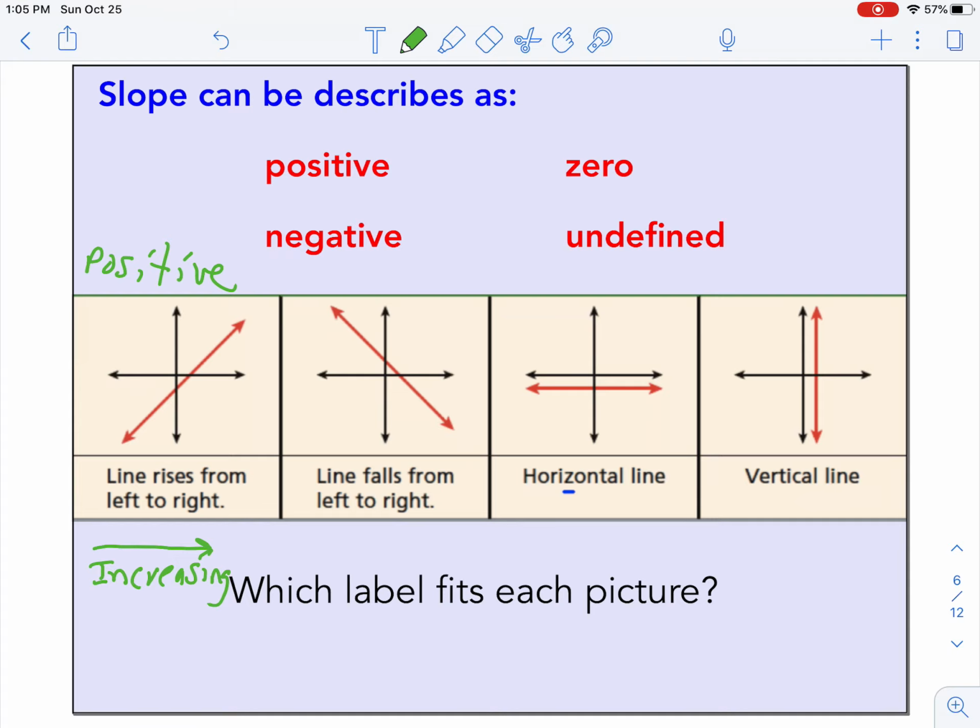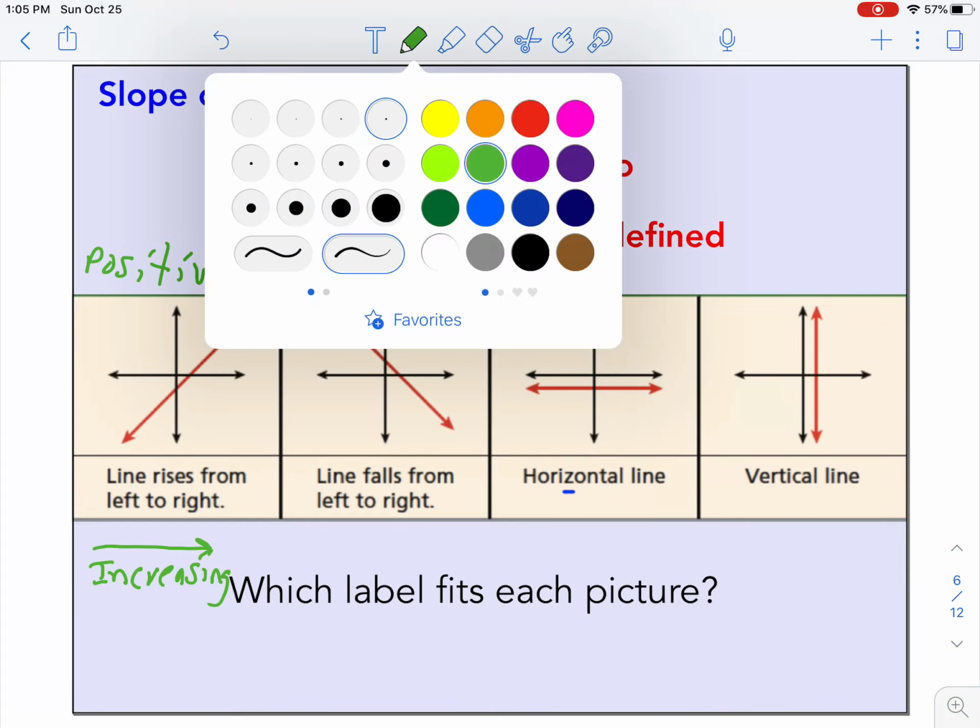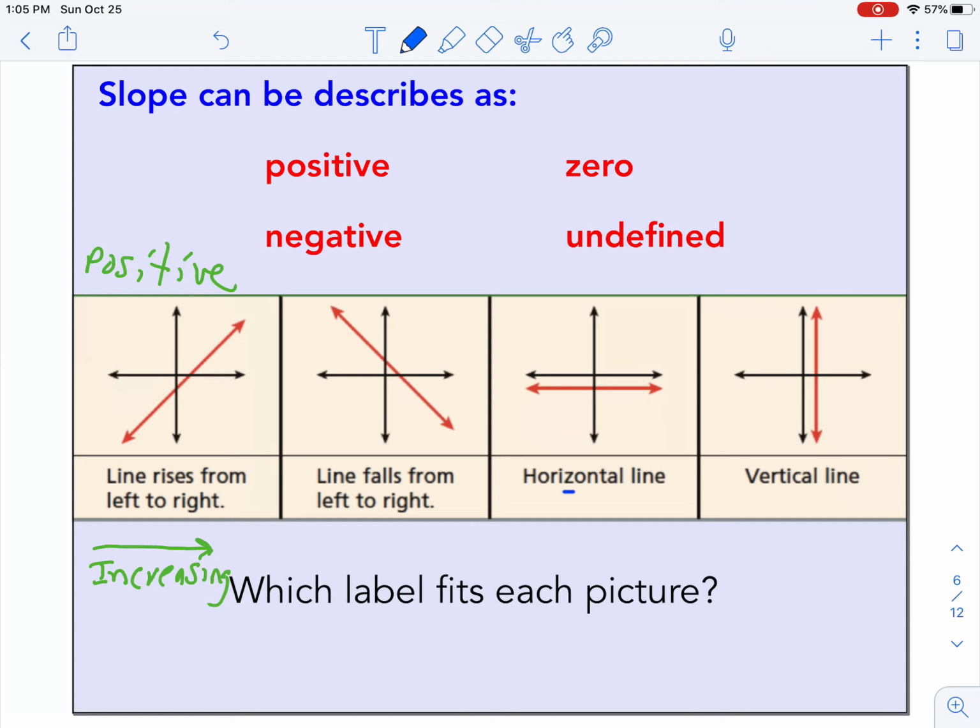If it's decreasing, like the next one, it's going down, and that's going to be negative slope. Remember from before, when we had a change like this, it was no change, and we called that constant.